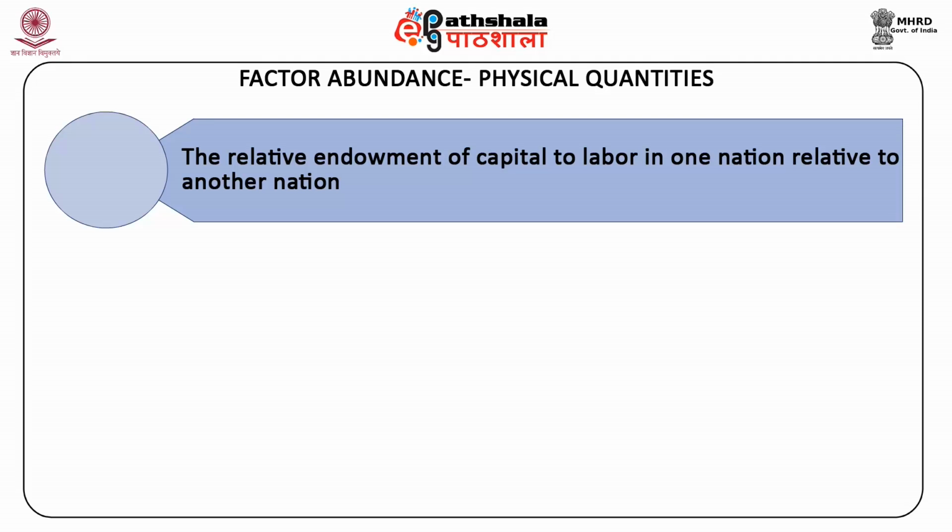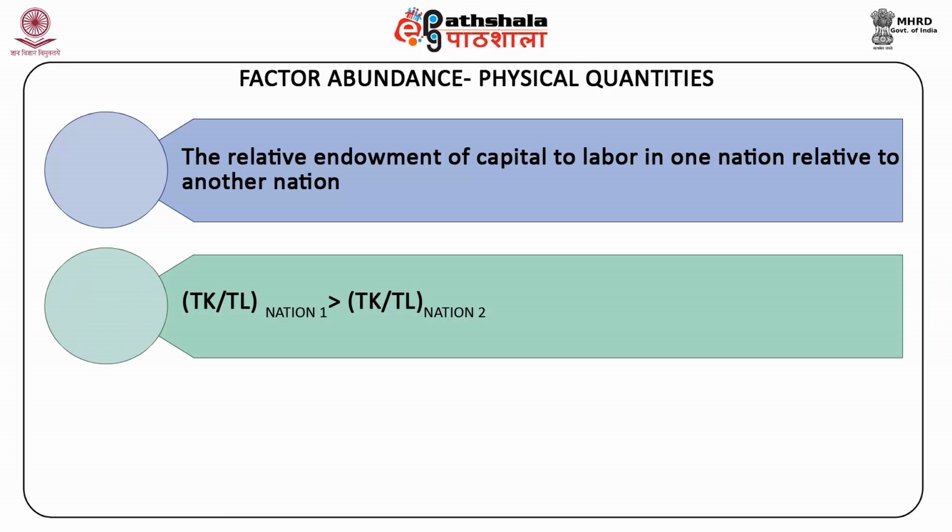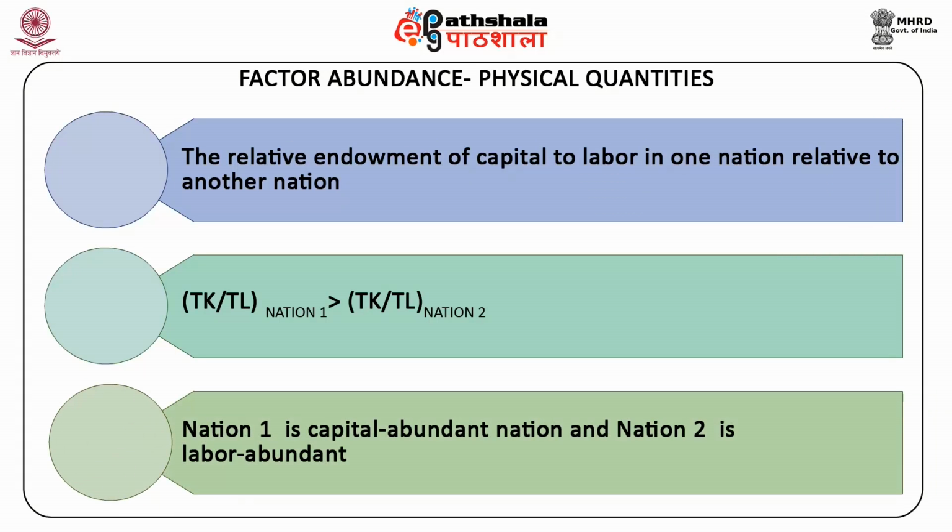Nation 1 is capital abundant if the ratio of the total amount of capital to the total amount of labor, Tk by Tl, available in nation 1 is greater than that in nation 2. That is, Tk by Tl for nation 1 is greater than Tk by Tl for nation 2. We will assume that nation 1 is capital abundant and nation 2 is labor abundant.